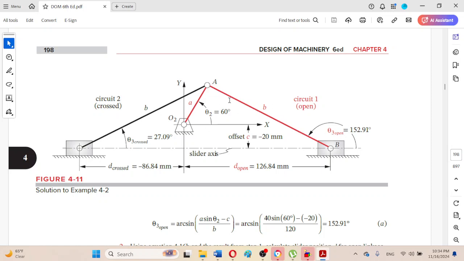For example, for the case of crank slider mechanism, because crank is the input and slider is the output, and that has two possible locations or positions, one on the right or one on the left.